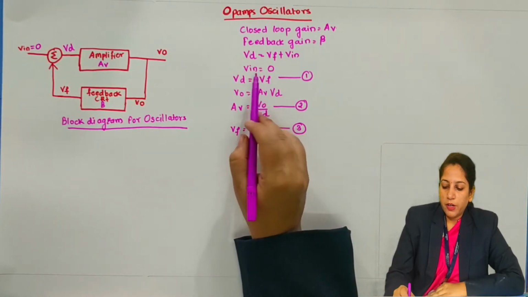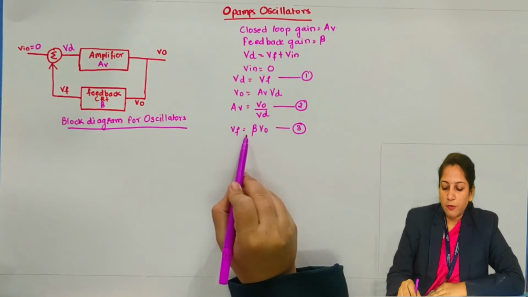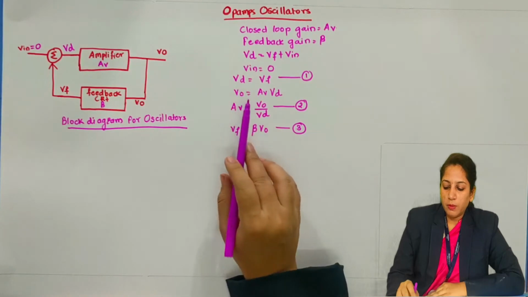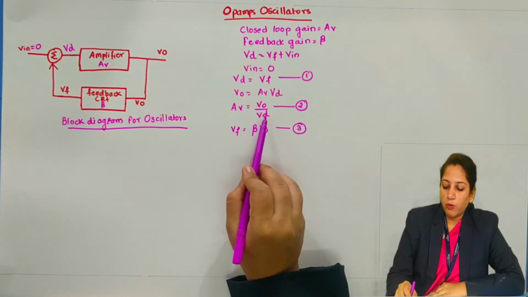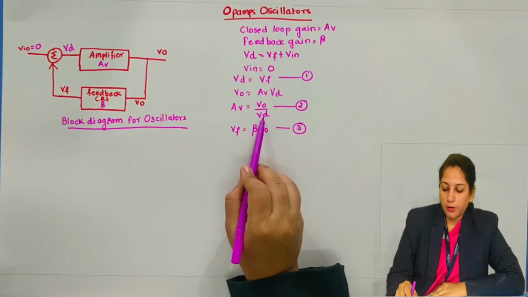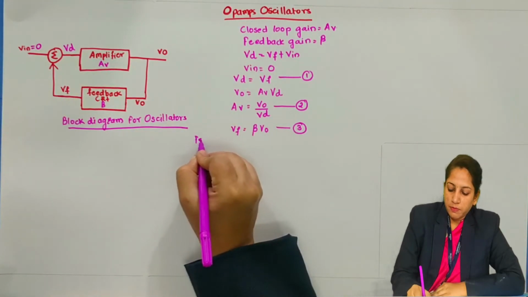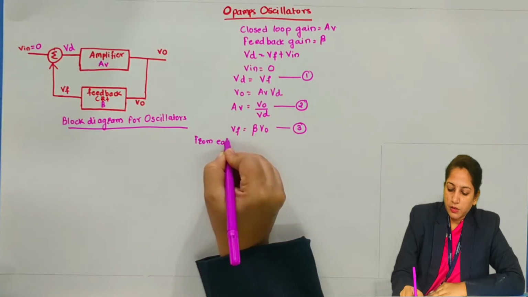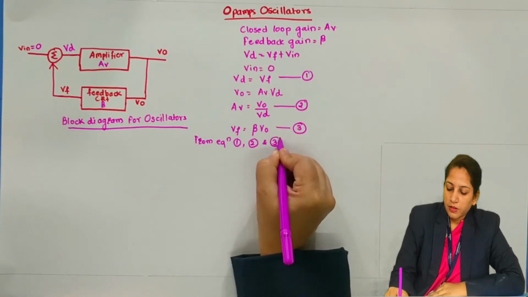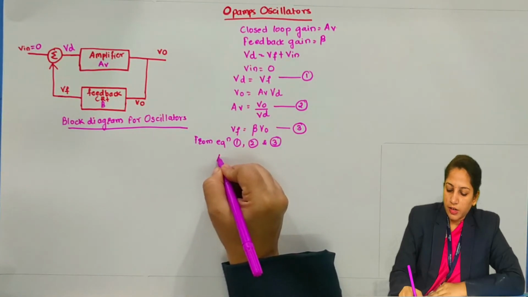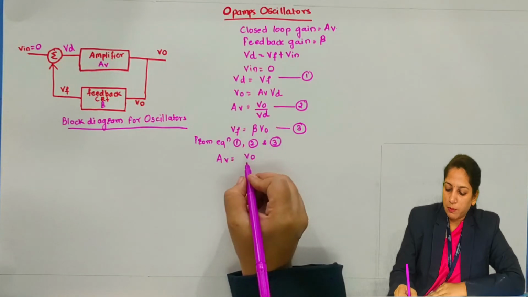As we know, VD is equal to VF from equation number 1, and from equation number 3, VF is equal to beta V0. So in equation number 2, I will substitute the value of VD, which is equal to VF, that is beta V0. So from equations 1, 2 and 3, here I will write gain AV is equal to V0 upon VD, and VD is equal to VF, and VF is beta V0.